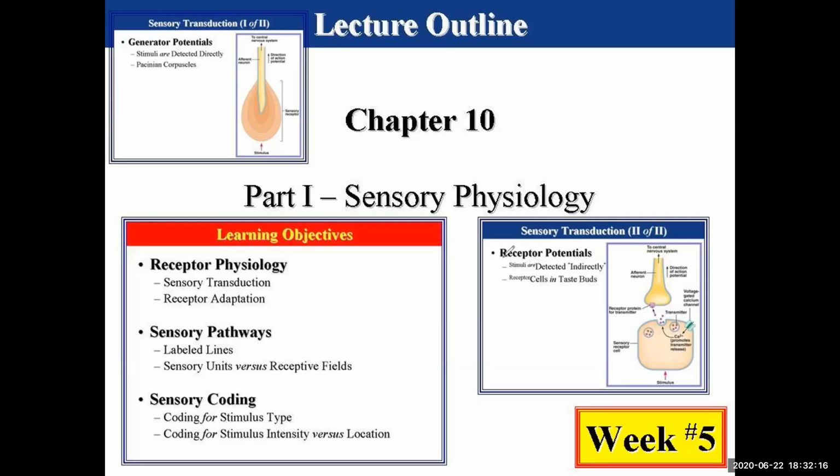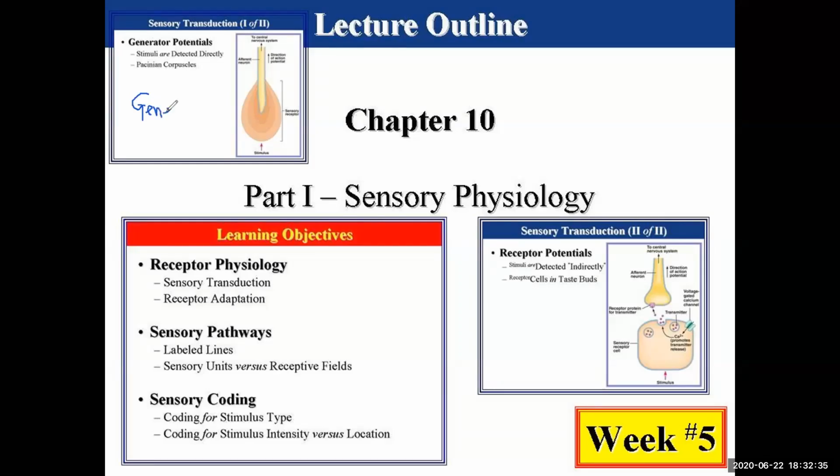Another type of graded potential we call the receptor potential. For the Pacinian corpuscle, for example, deep pressure falls under one of the four general senses.